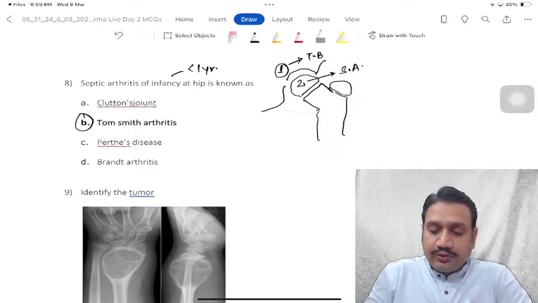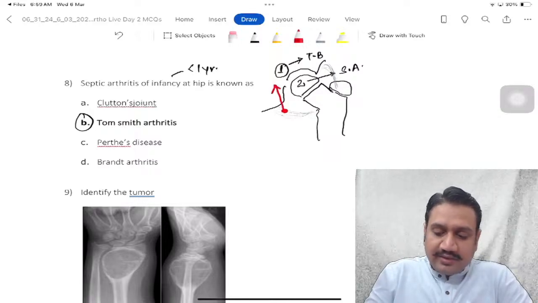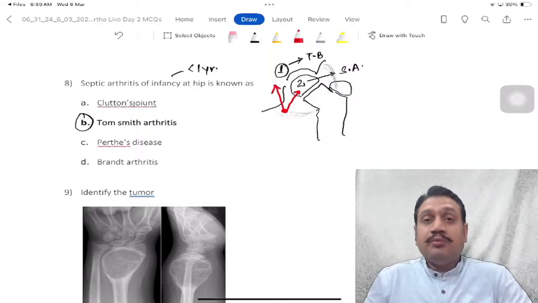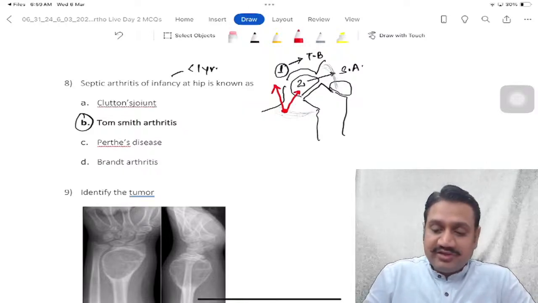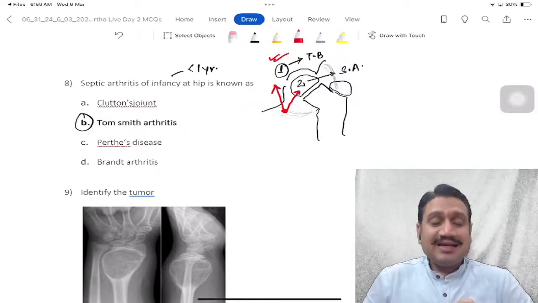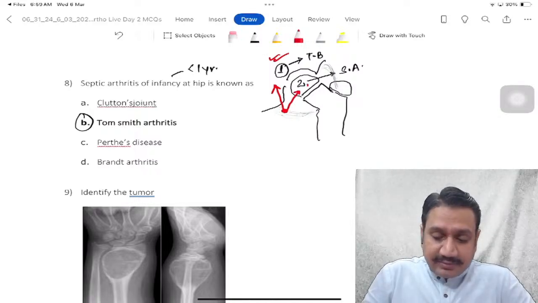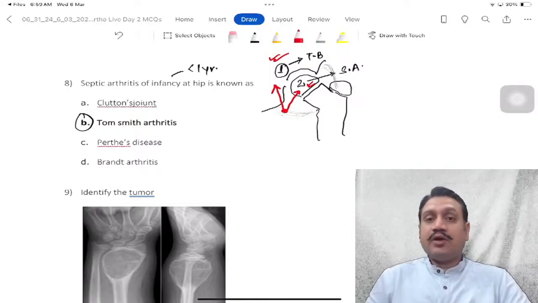So they will first involve the synovium all around, correct? From the synovium, the infection can go to the acetabulum, it can go to the head of femur. So in most cases, tuberculosis first destroys the acetabulum. And in septic arthritis, the first area to get involved is the head of femur.